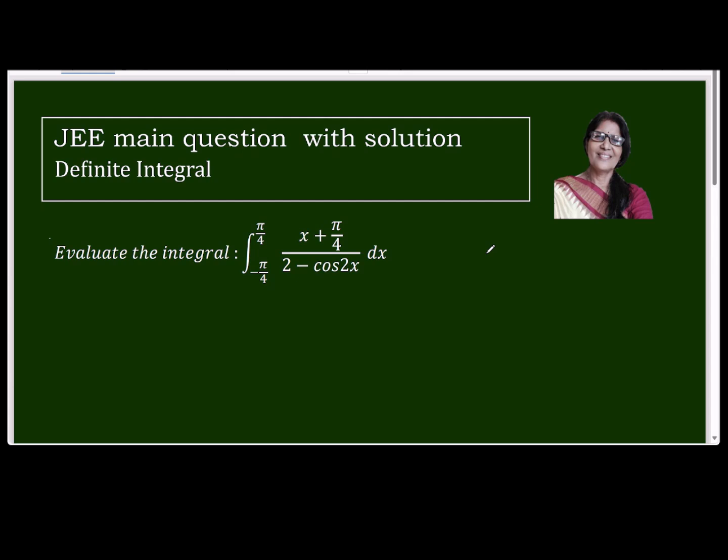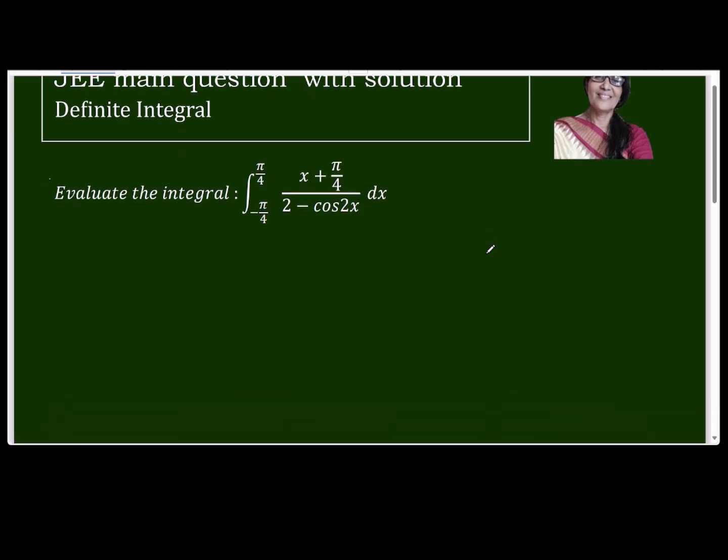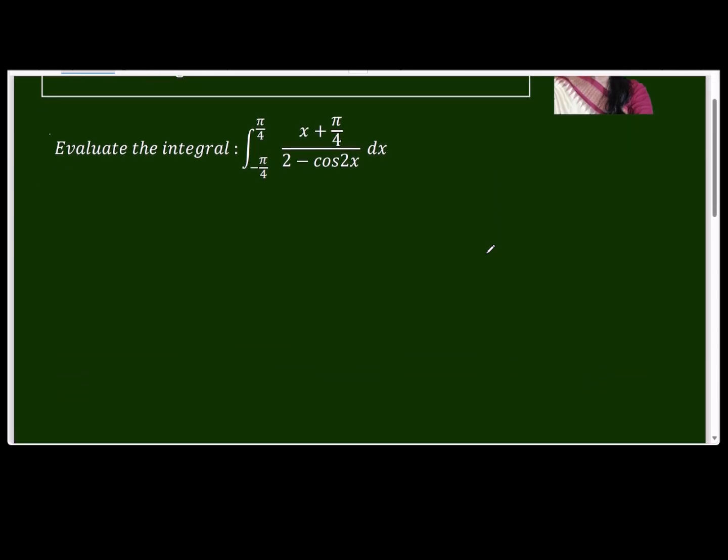Question is, evaluate the integral from negative pi by 4 to pi by 4 of x plus pi by 4 over 2 minus cos 2x dx. So I am making it into two functions.